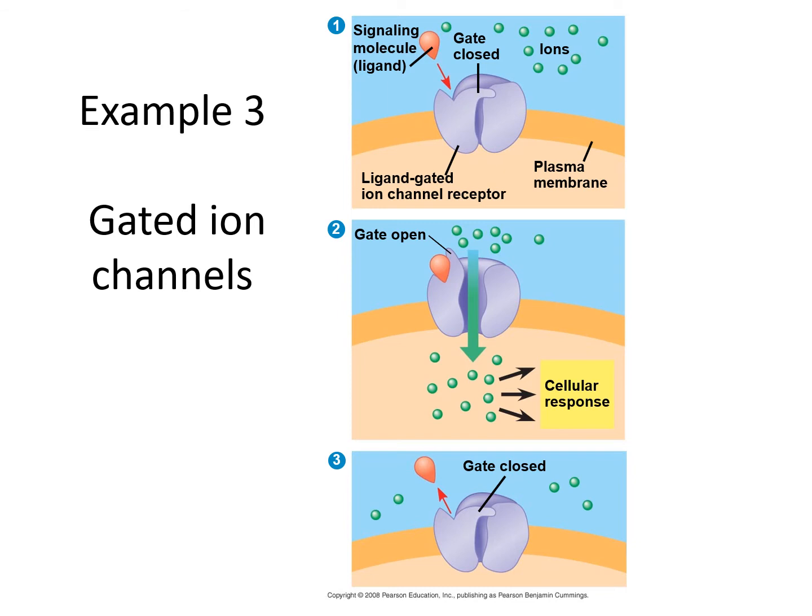So we have this ligand-gated ion channel receptor that's going to open when the signaling molecule binds. So it changes the shape of the channel and then stuff can get in, ions can get in. This is very important when it comes to triggering nerves and triggering muscle responses. So it's something we will come back to and talk about in more detail.